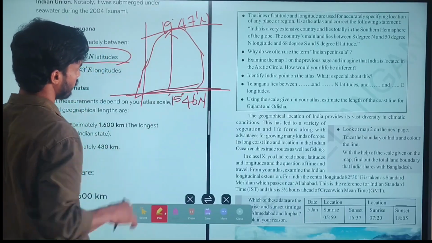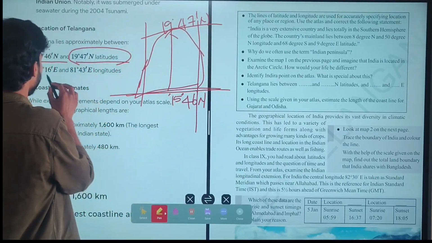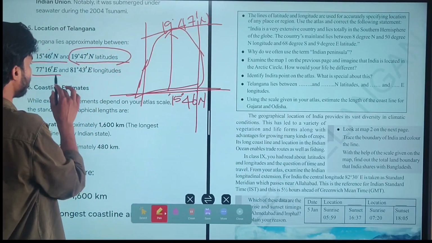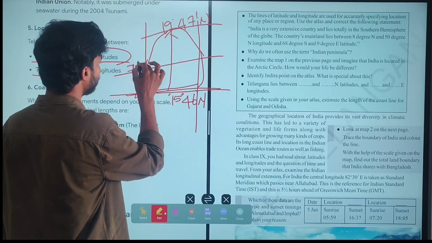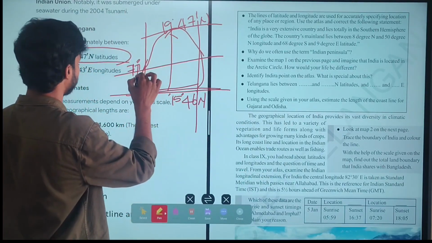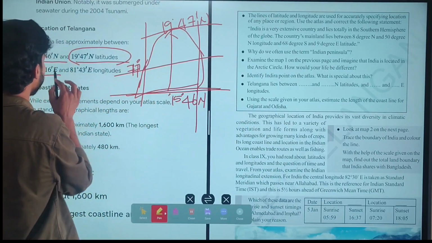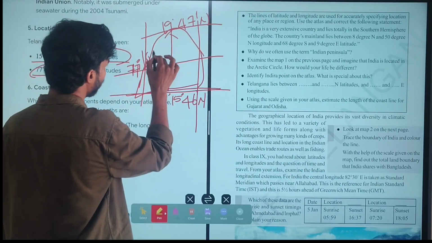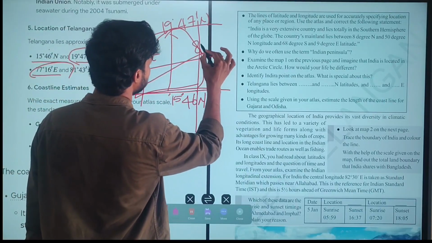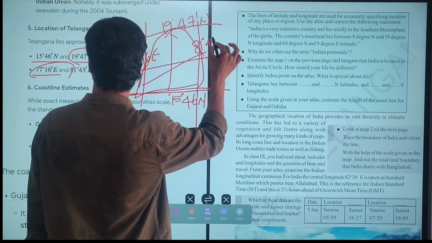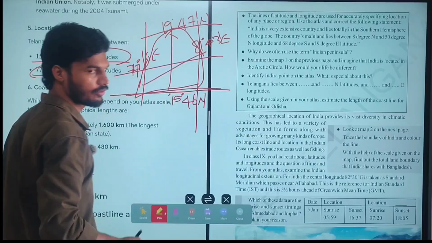Coming to longitude, it is 77 degrees 16 minutes east, and it extends till 81 degrees 43 minutes east longitude.